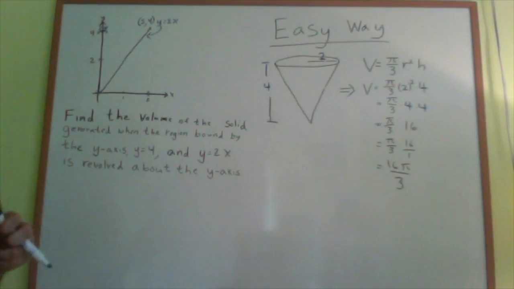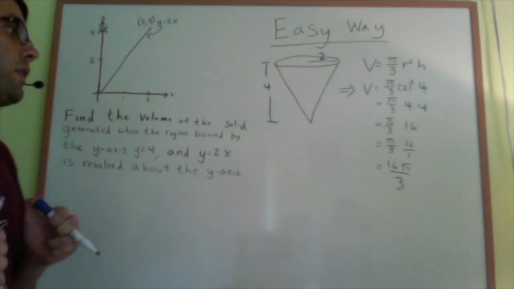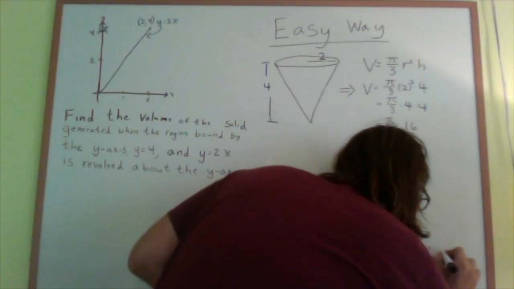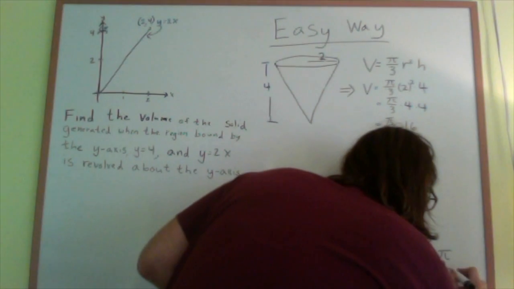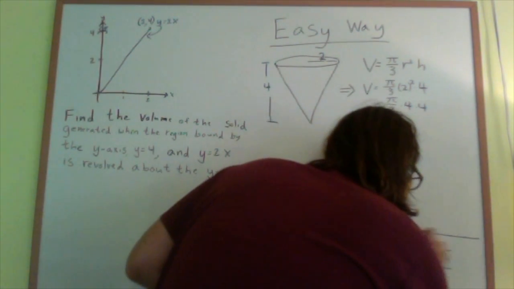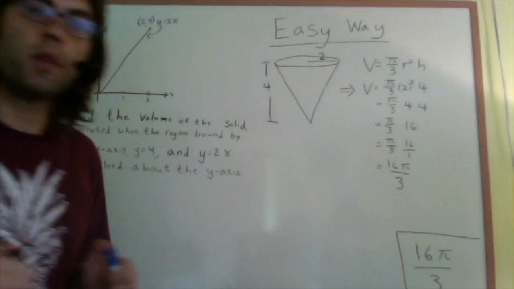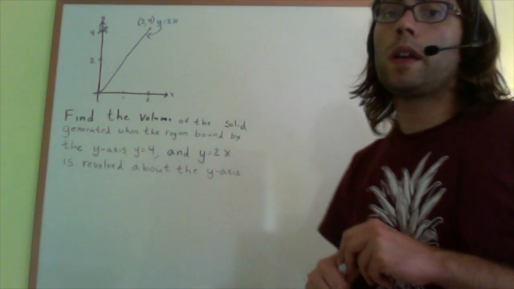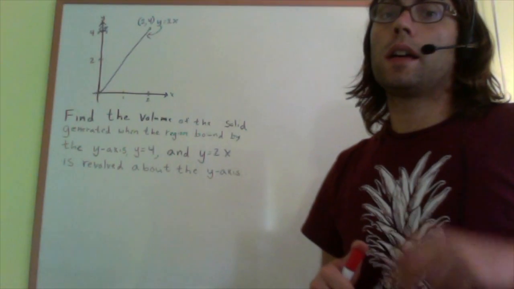Okay, so that was the easy way. We'll just write 16 pi over 3 down here. Hopefully we get the same answer when we do it the hard way. This time we're going to do this problem using calculus.